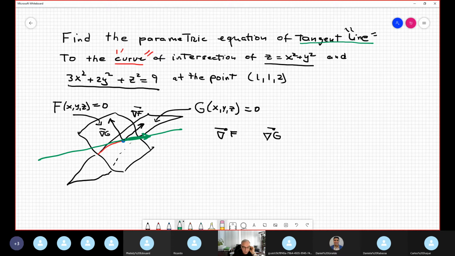You compute the gradient for the first level surface, you compute the gradient for the second level surface, you perform the cross product, and you find the direction vector. We need the direction vector and the point. Wow, it's super easy to find the equation for the tangent line. Okay, let's do it. Do you understand this strategy or no?